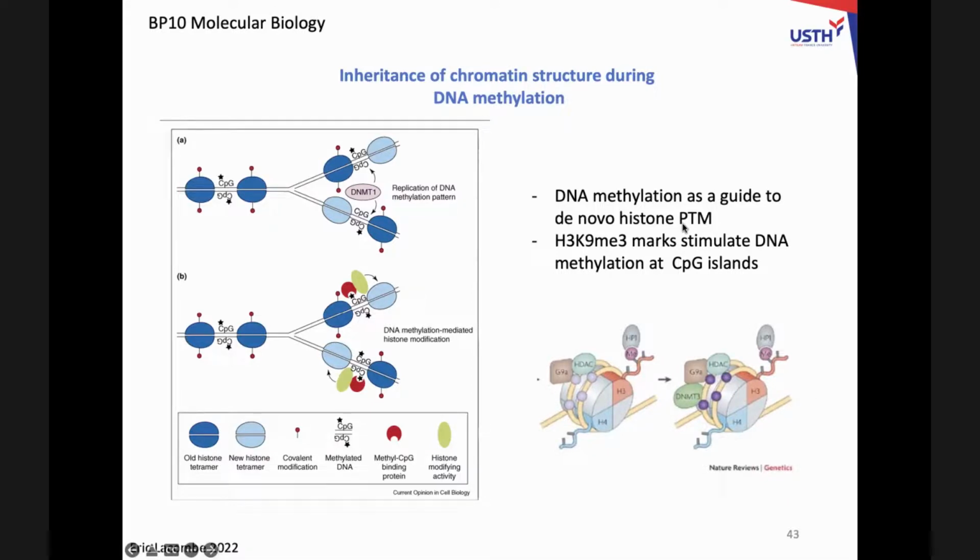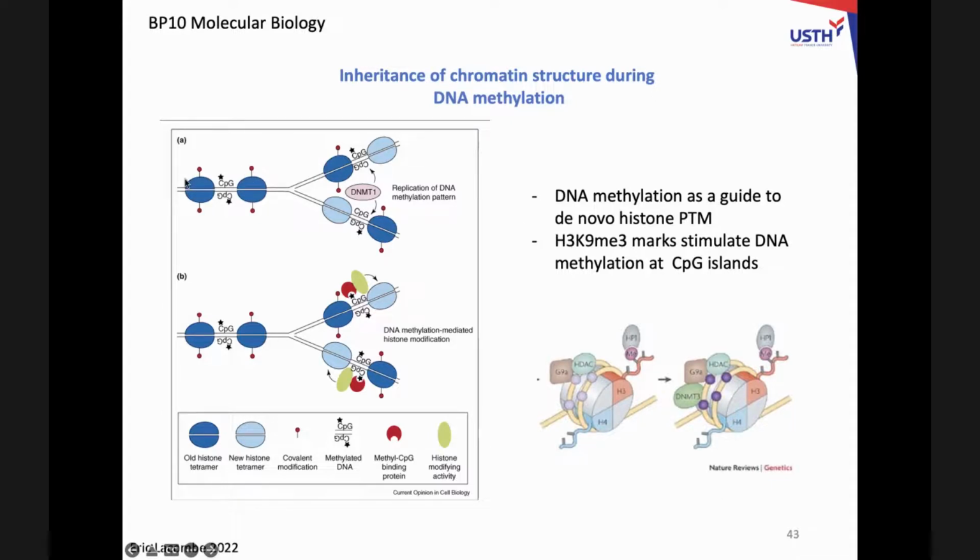It's a writer, it's not a reader, it's a writer. So before cell division, the state is like that. We are in a situation of heterochromatin. We have covalent modification on the histone, let's say H3K9 methyl.